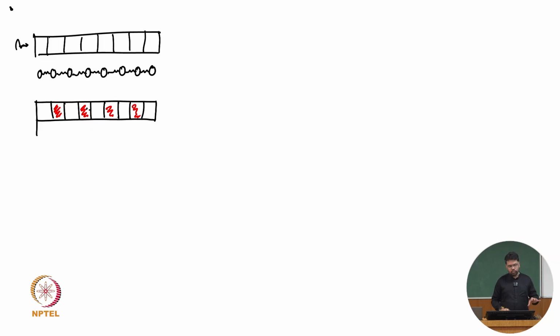So in that case we have rod, rod, rod, rod, and our spring coefficients also get altered. This way we have a biatomic chain where we have two different lumped masses, and the springs are also coming in that way.